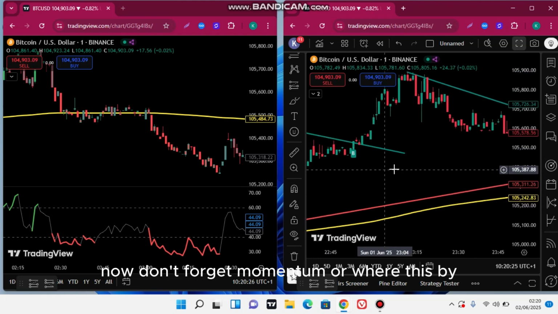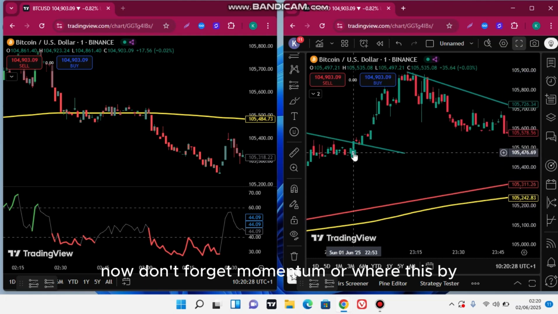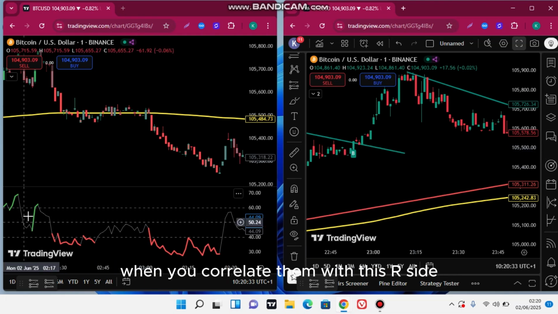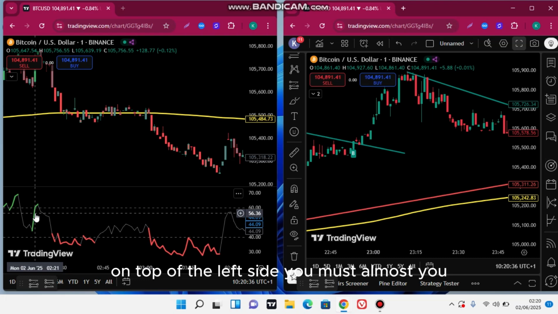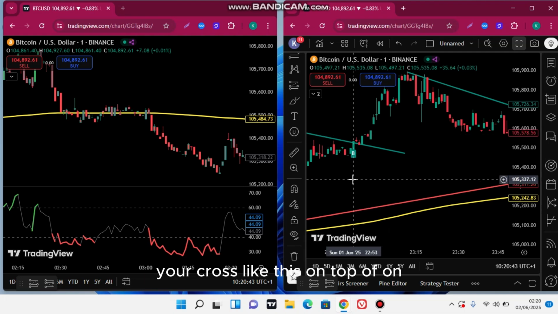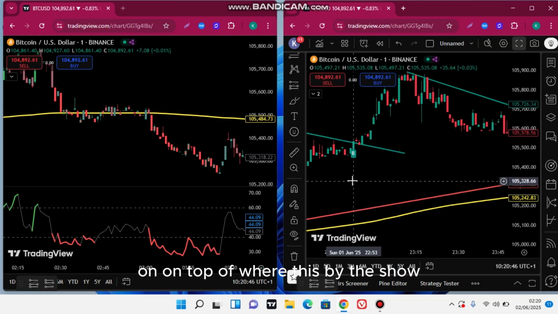Same thing goes here. Now don't forget momentum, or where this buy they always they show up. When you correlate them with this RSI on top of the left side, you must always make sure, say, this green day, when you correlate your cross like this on top of where this buy dey show, simply because say momentum and volume e dey very necessary for trading, because na momentum and volume na go tell you whether a continuation of a rally go take place or if e no go fit take place.